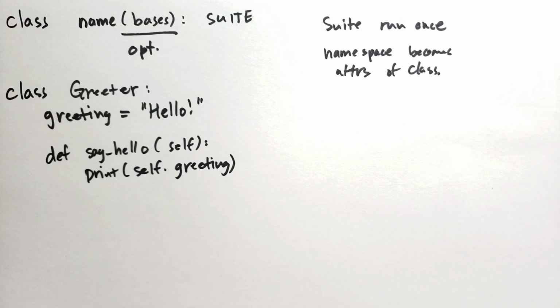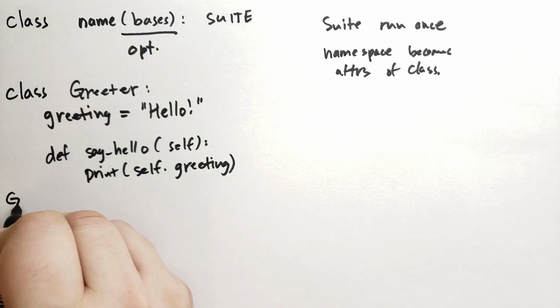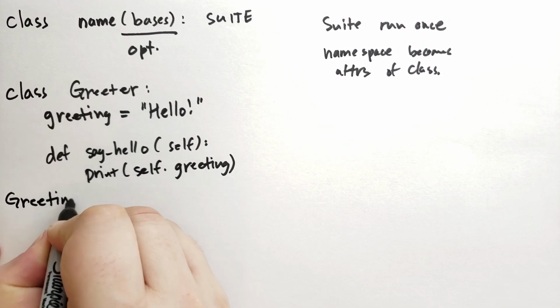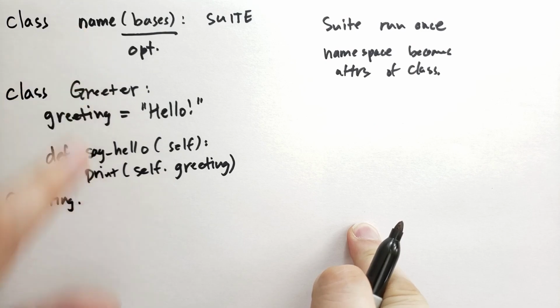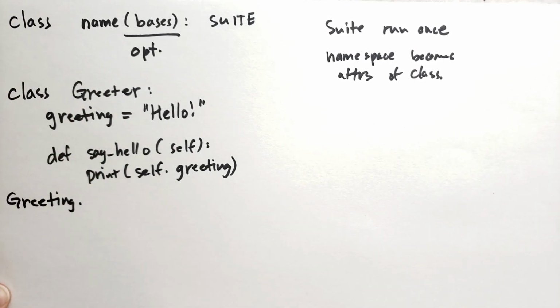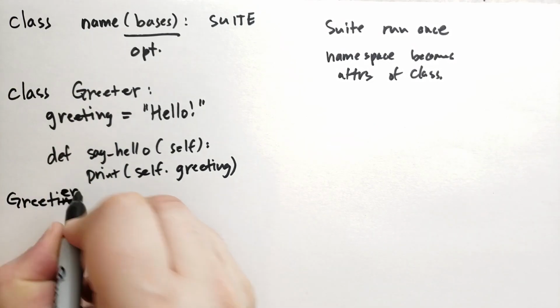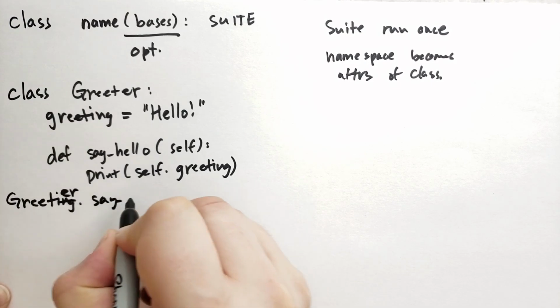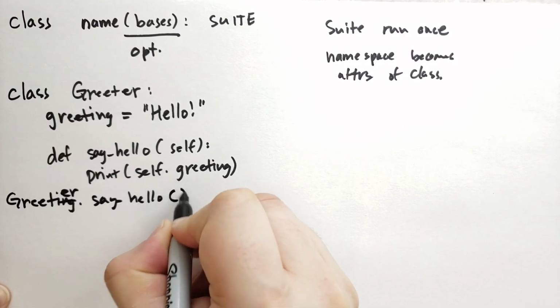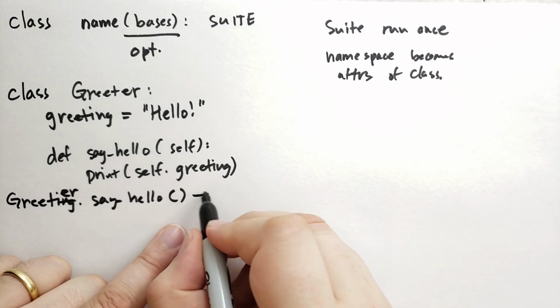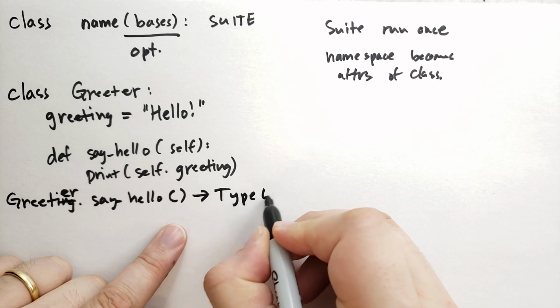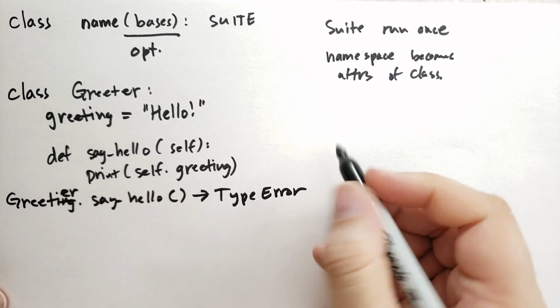To give you an example of what I mean by that, after this is run, and as you might expect, this is assigned to the Greeter variable. It's a class with the name of Greeter. So we can say Greeter.say_hello. And if we don't call it with any arguments, this is going to cause a type error because it expects self, right?